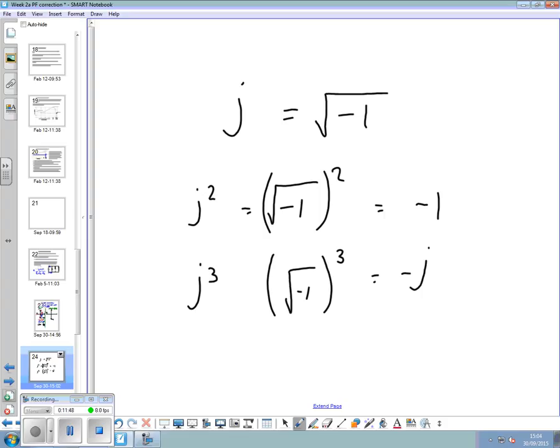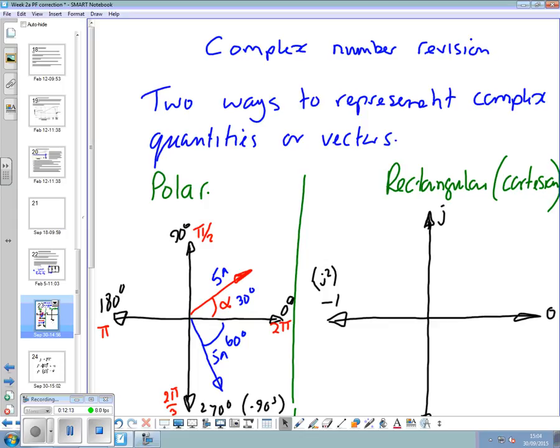Because if we square the square root of minus 1, we end up with minus 1. And then when we do it again, we end up with minus j. Okay? Because minus 1 times j. So that's where we are on there.